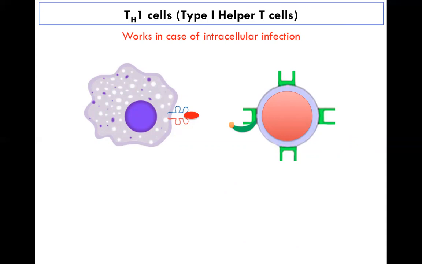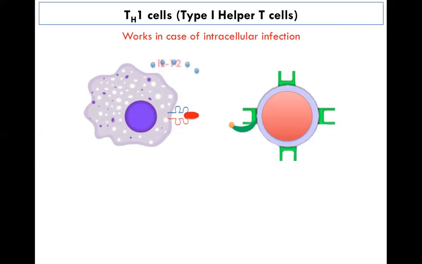One thing we get here is that each subtype will respond to different kinds of pathogens. For example, some will respond to parasites, some will respond to fungus, some will respond to extracellular infection, some will respond to intracellular infections. So the TH1 cells respond in case of intracellular infections.